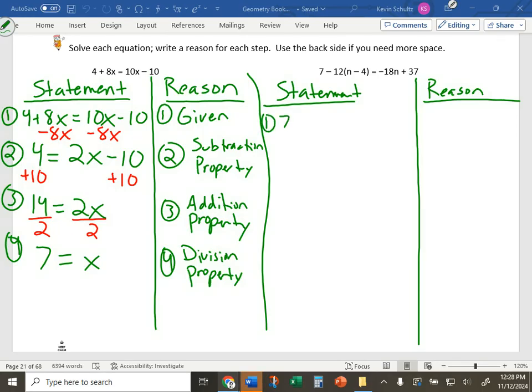We know that 7 minus 12 times n minus 4 is equal to negative 18n plus 37. That's what we've been given. And what's our first reason? Given. Given, every single time. It's what's given to us.